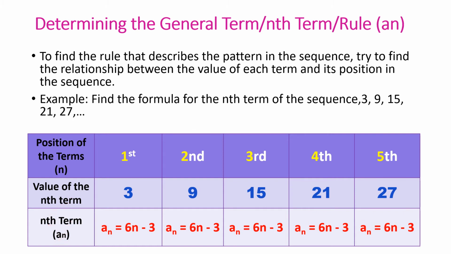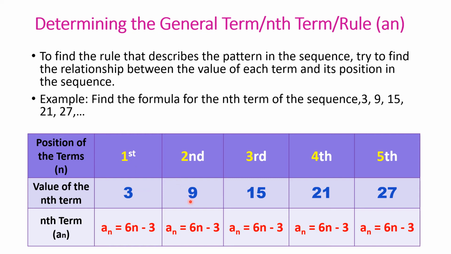Now, simulan mo siya sa pamamagitan ng paglilista ng lahat ng given terms doon sa sequence, which are 3, 9, 15, 21, and 27. Now, for the position or yung mga value ng n natin, determine mo kung pang ilan ba yung 3, 9, so on and so forth. So, yung 3, ang first term, so isusulat mo dun sa position ay first or 1.